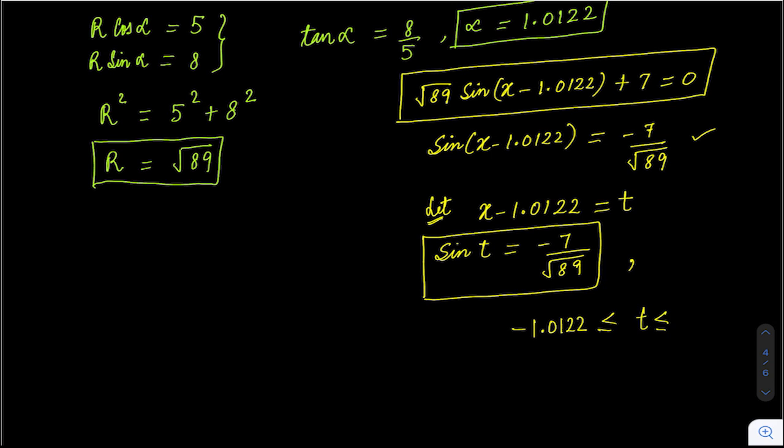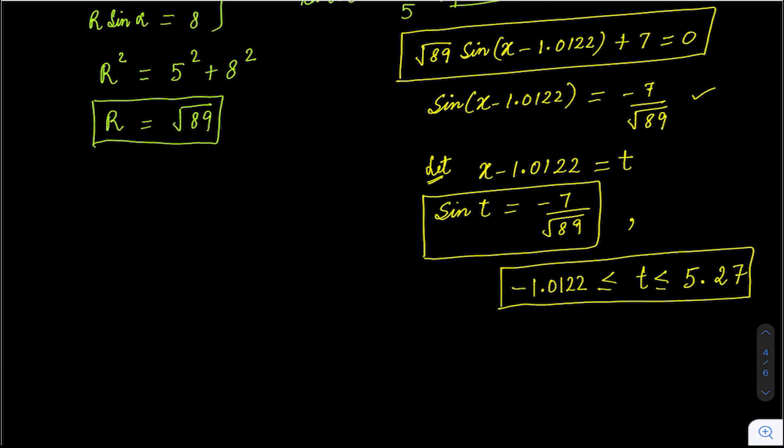So 2 times pi minus 1.0122 gives me approximately 5.27. Okay, so this is my range of t now.